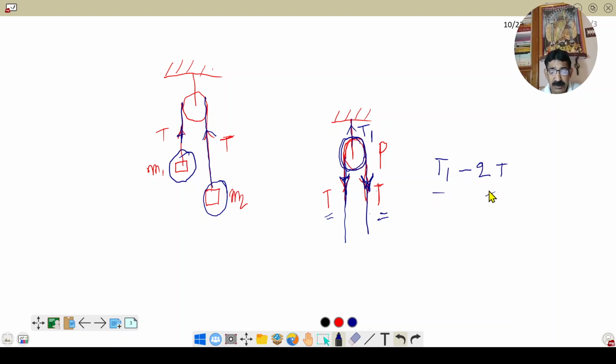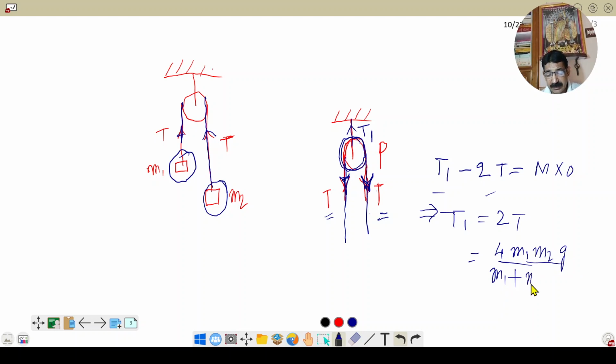Under the action of these forces, the pulley neither moves upward nor downward. It is fixed, so the acceleration of the pulley is 0. That implies T1 is equal to 2T, and 2T means 4 M1 M2 G by M1 plus M2.